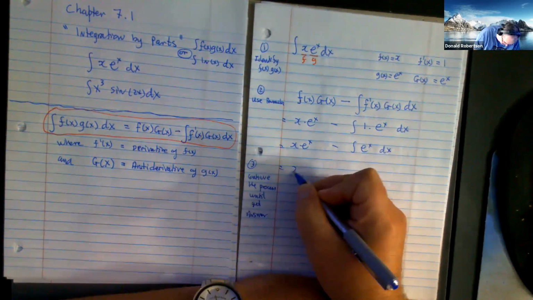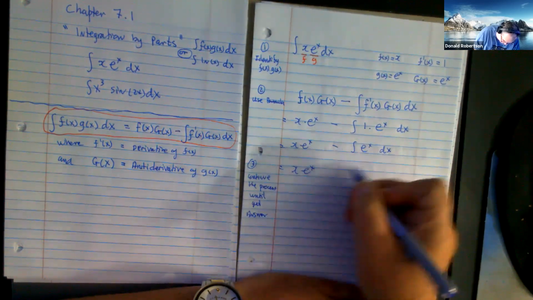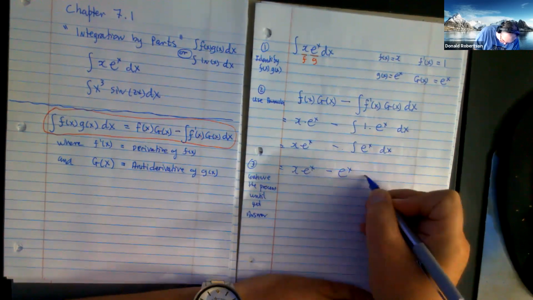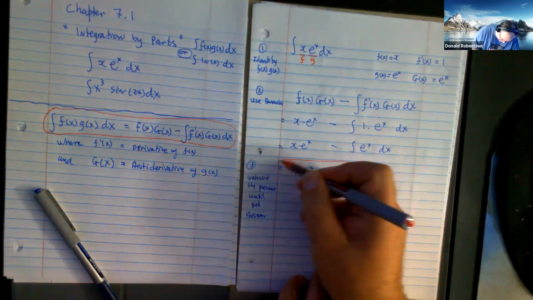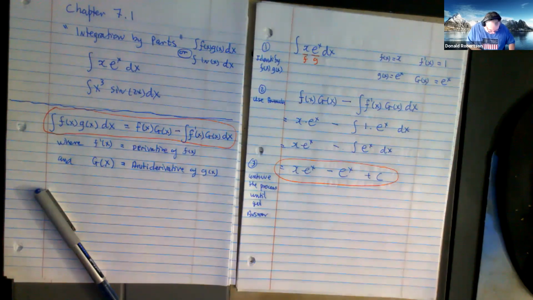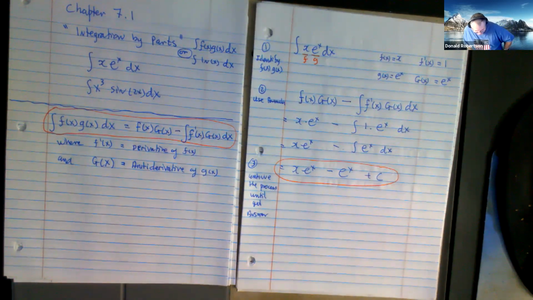So x e to the x, if you integrate this, you get that guy plus a c. There's your answer. That's probably the simplest integration by parts question I could have thought of.